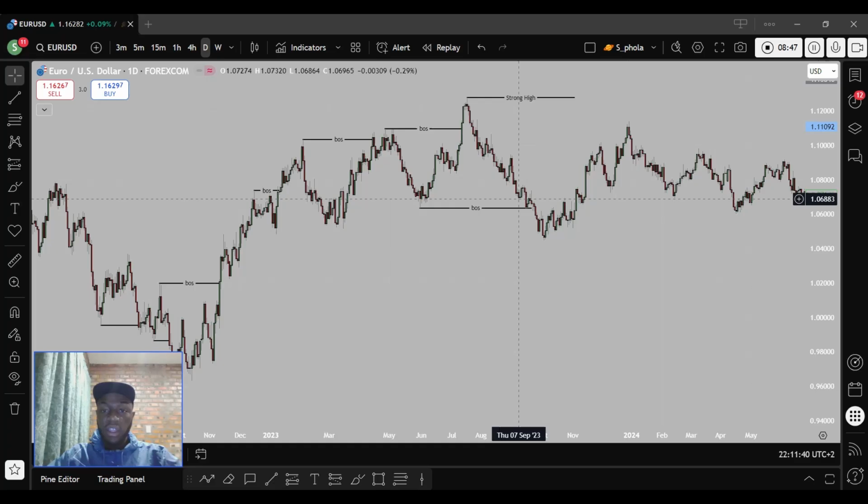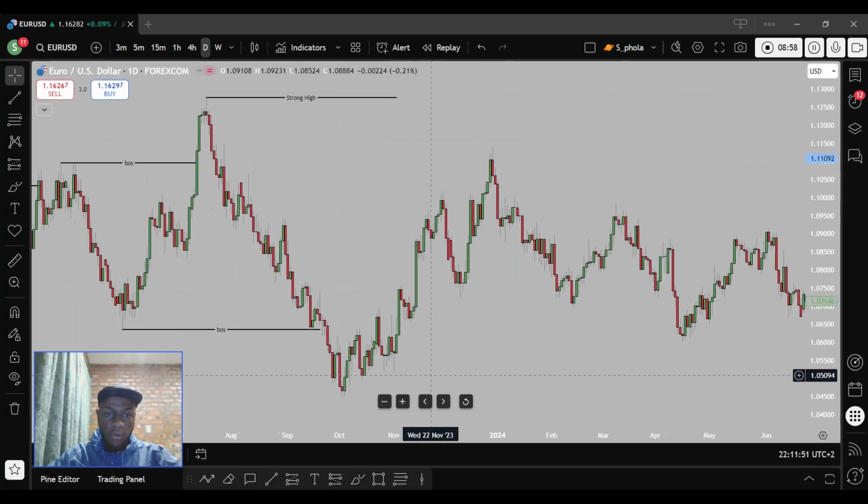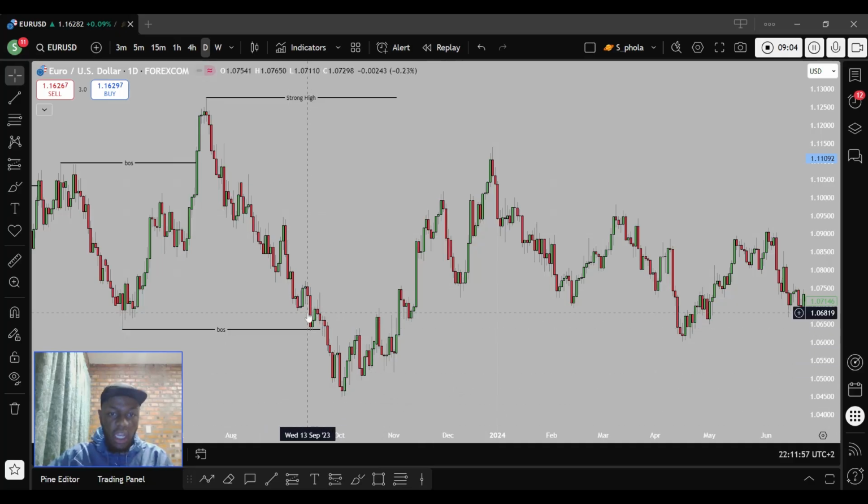Then after our break of structure, what do we expect? We expect a pullback and mitigation of something to the left. Then what happened here, as we spoke about with our internal structure? After a break of structure, how do we confirm a pullback?